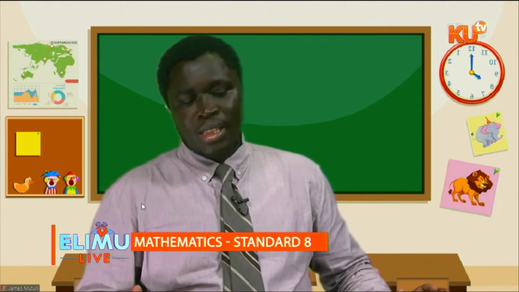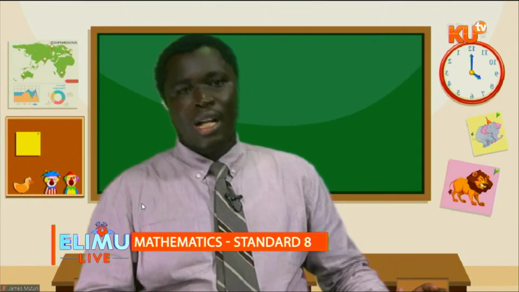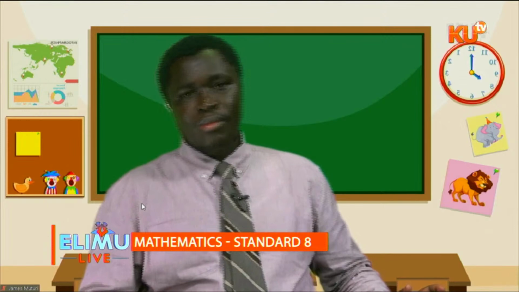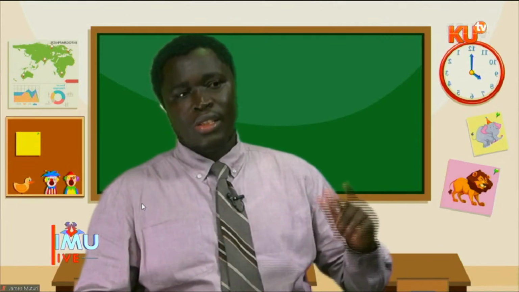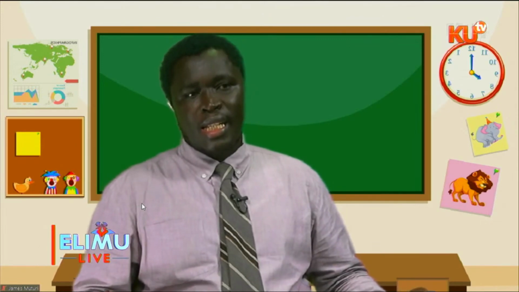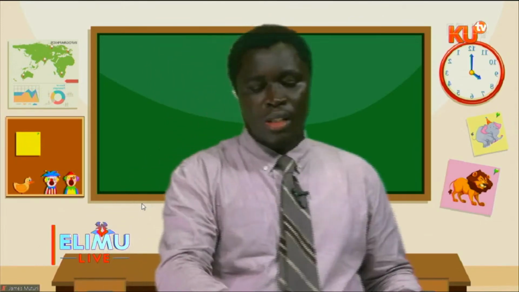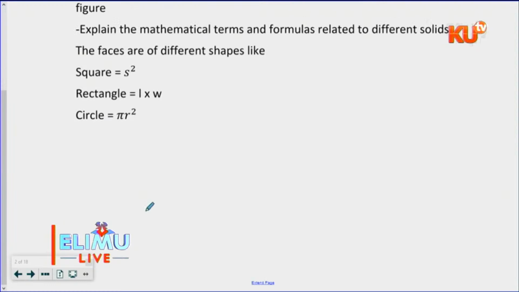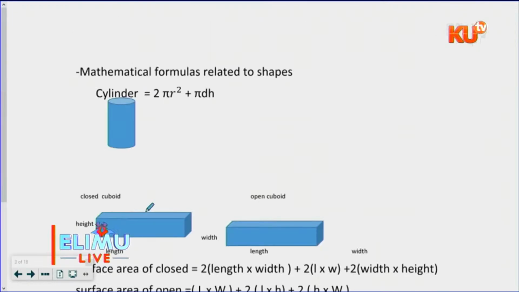Shape number three, circle. How do we get the area of a circle? Pi r squared. Good. And this will lead us to our next example of shapes that we are going to see.